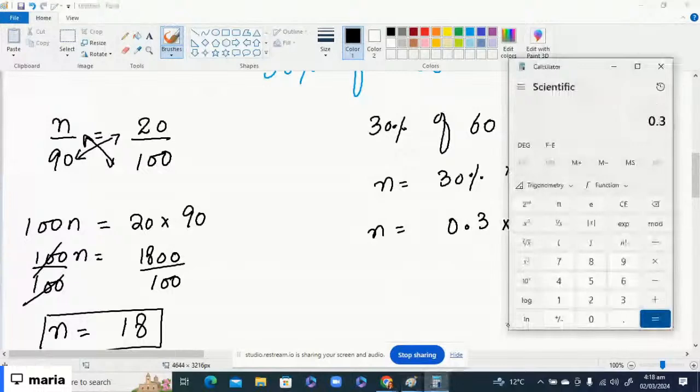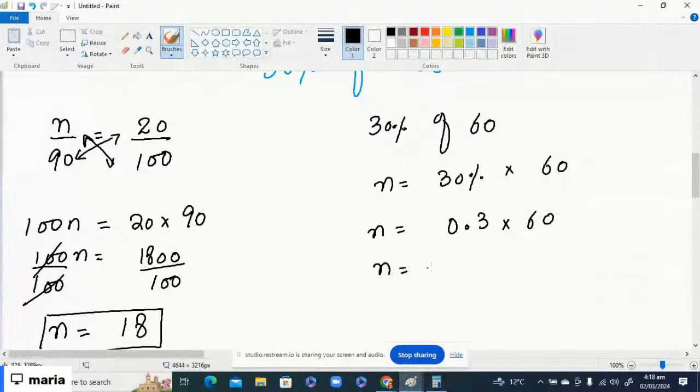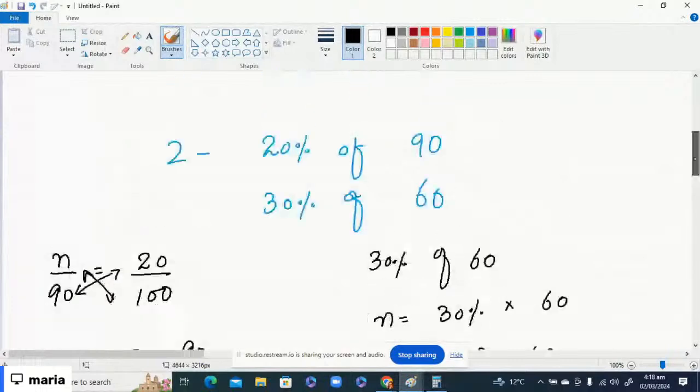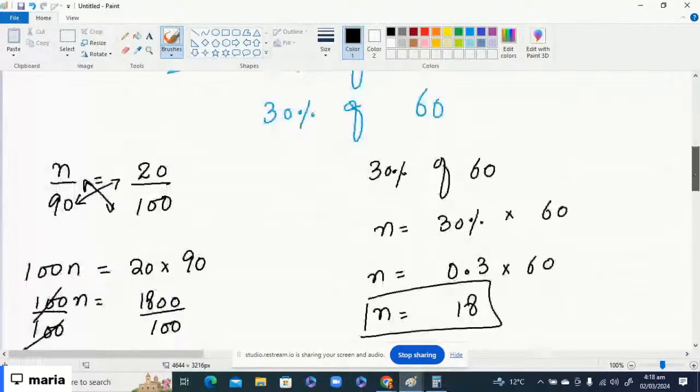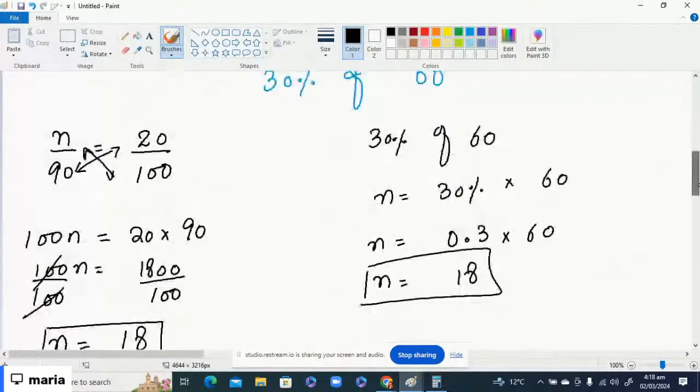So 0.3 times 60, that is 18. So n is equal to 18. So which one is less? They both are equal. Got it? Both are equal now. So we can say that these both are equal.